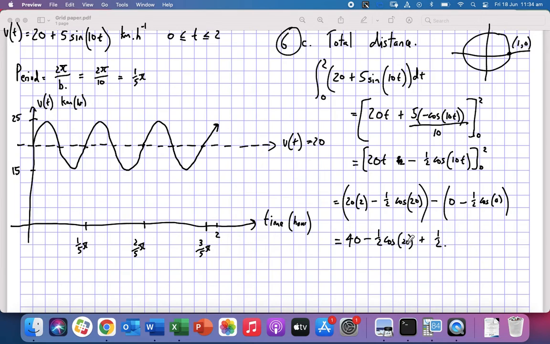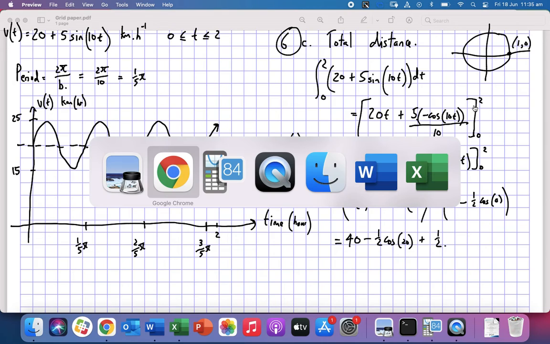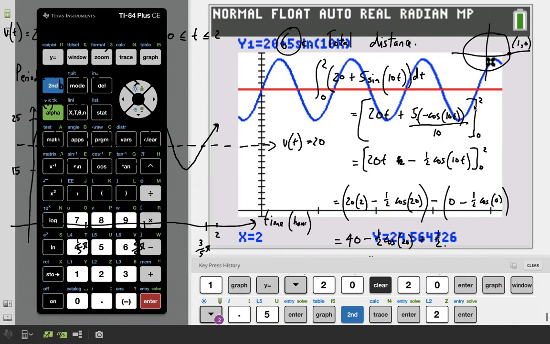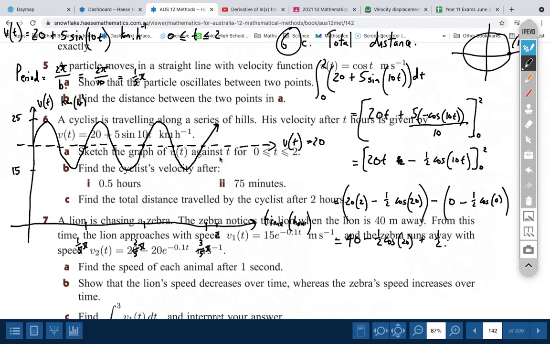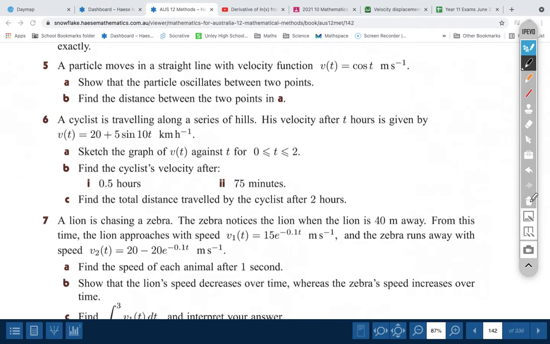And I'm guessing the cos 20 won't be that big of a number. So I'd be assuming that this would come out to be about 40. But if I go here, this is just going to be a mess now. So how am I going to remember that? 40 minus half cos 20. 40 minus half cos 20.